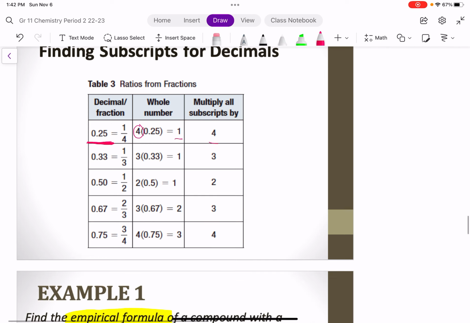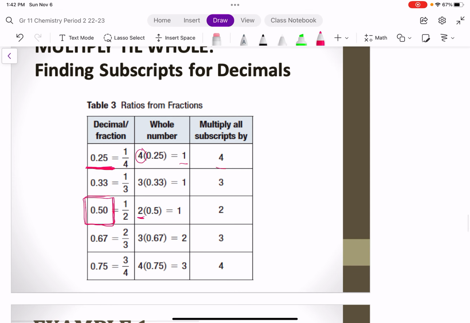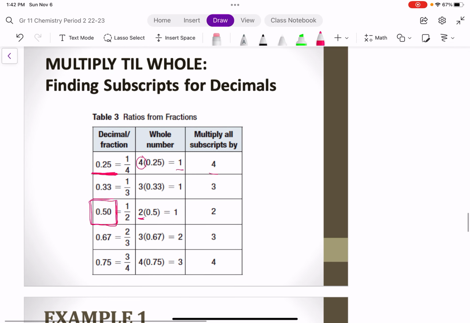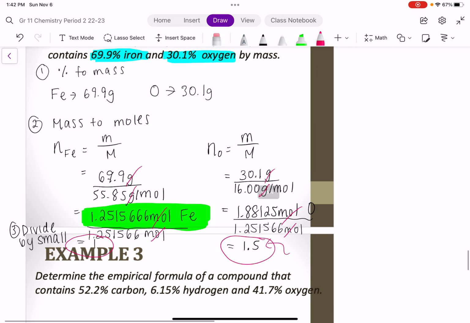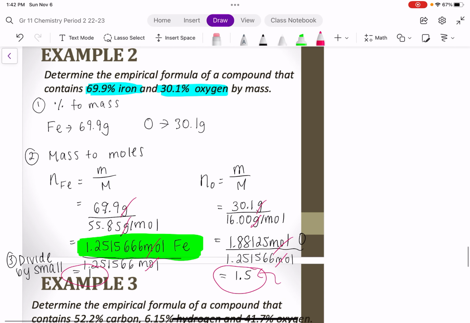The question we're looking at ends in a 0.5 decimal, so we multiply all of our values, iron and oxygen, by 2 to get to the nearest whole number.